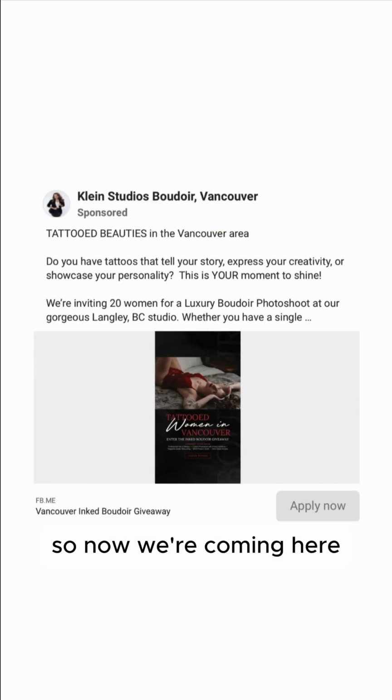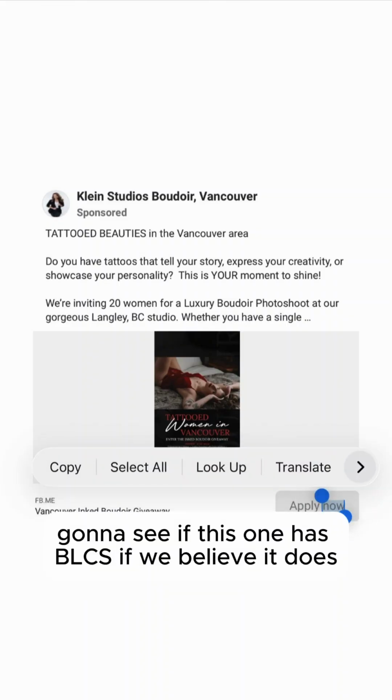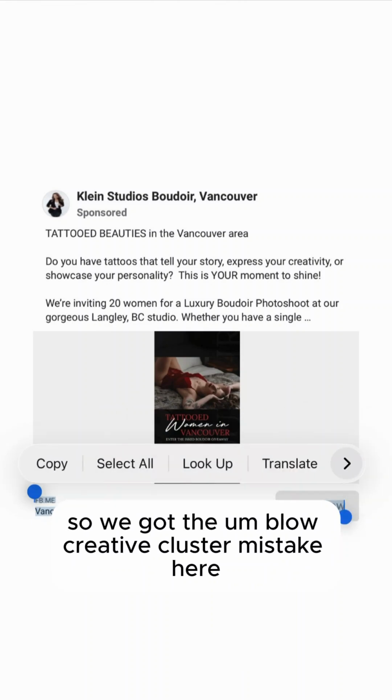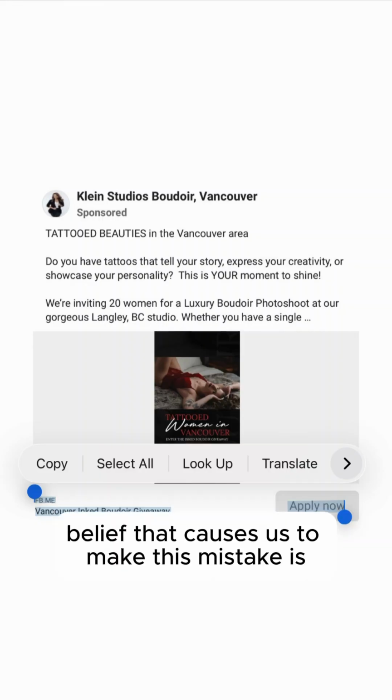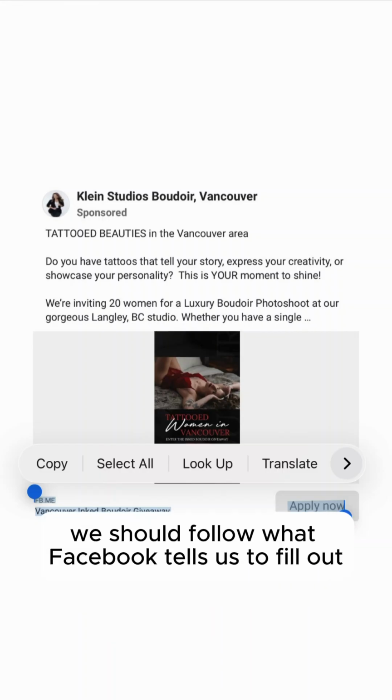That's approximately 60K over the next year. So now we're coming here. Gonna see if this one has BLCS or if we believe it does. So we got the below creative cluster mistake here. The false belief that caused us to make this mistake is that we believe we should trust, we should follow what Facebook tells us to fill out.